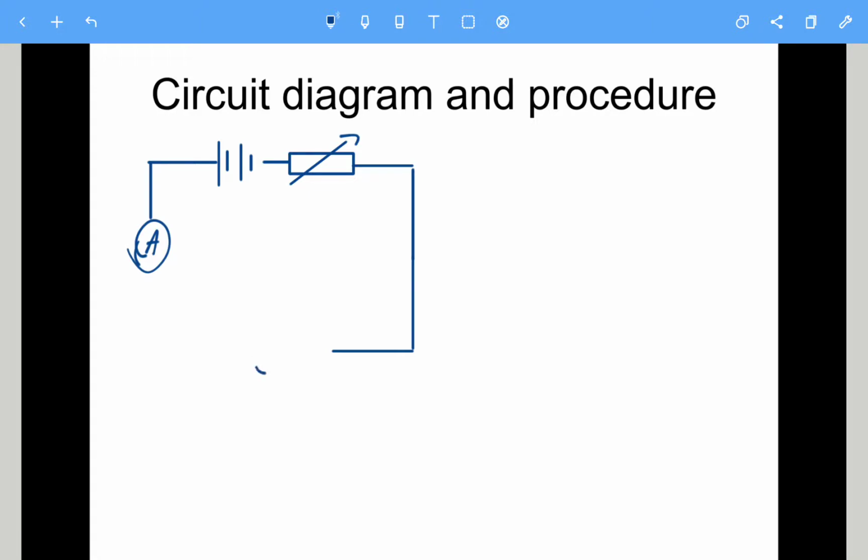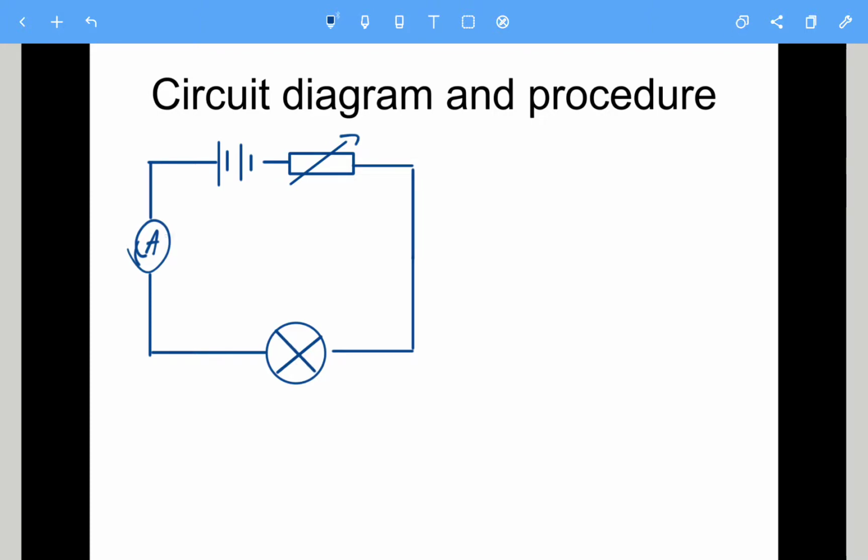Then we need the component, that's possibly the worst circle I've ever drawn. Let's try again. So that's the filament bulb. Let's put the cross in. There we go.